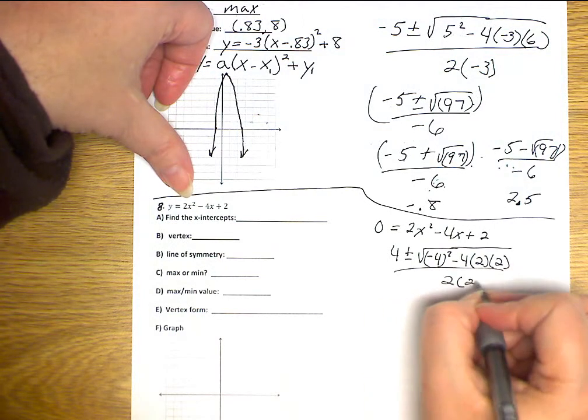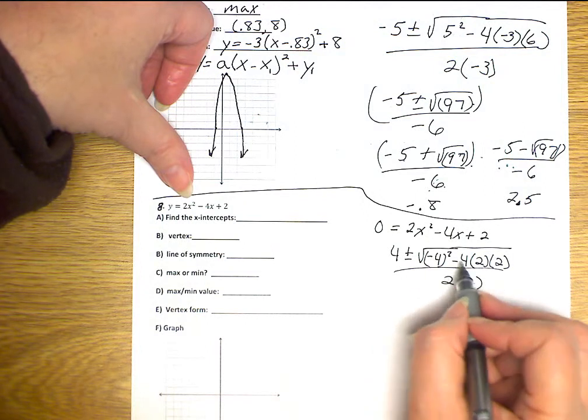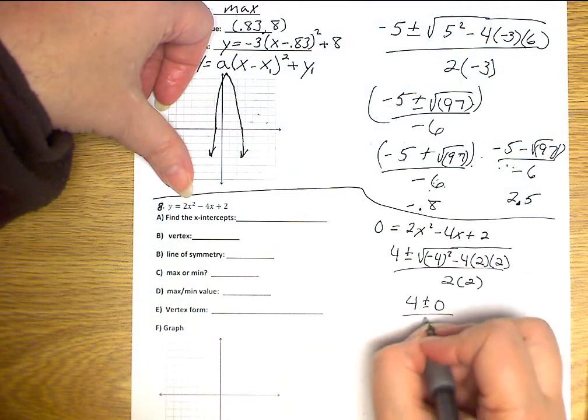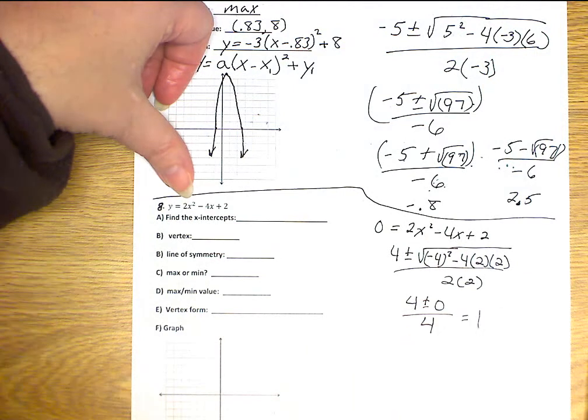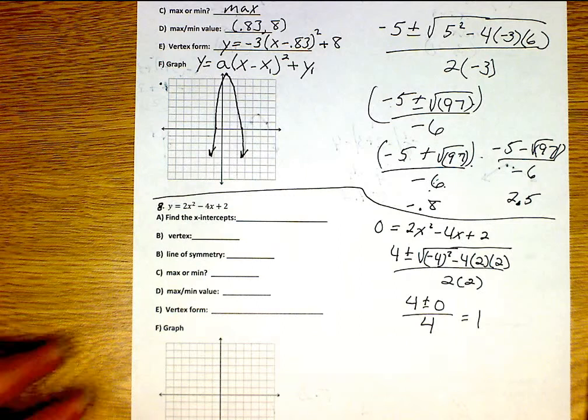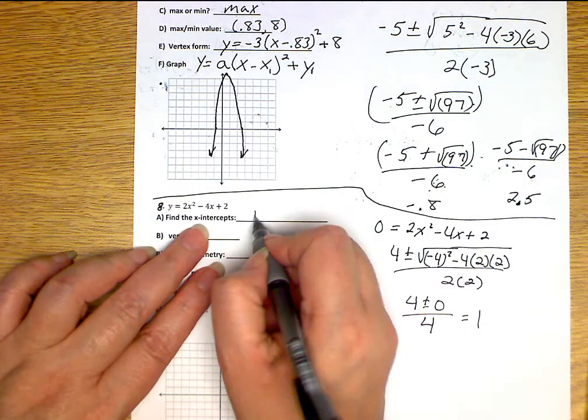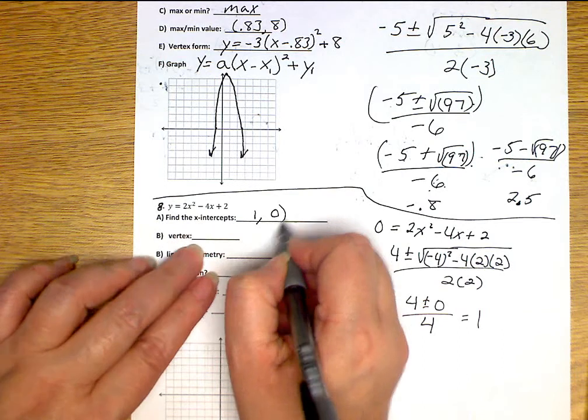And what he was saying is 16 minus 16, that's 0. So we have 4 plus or minus 0 over 4. So that gives me one answer. So my x-intercept is 1, comma, 0. That's it.